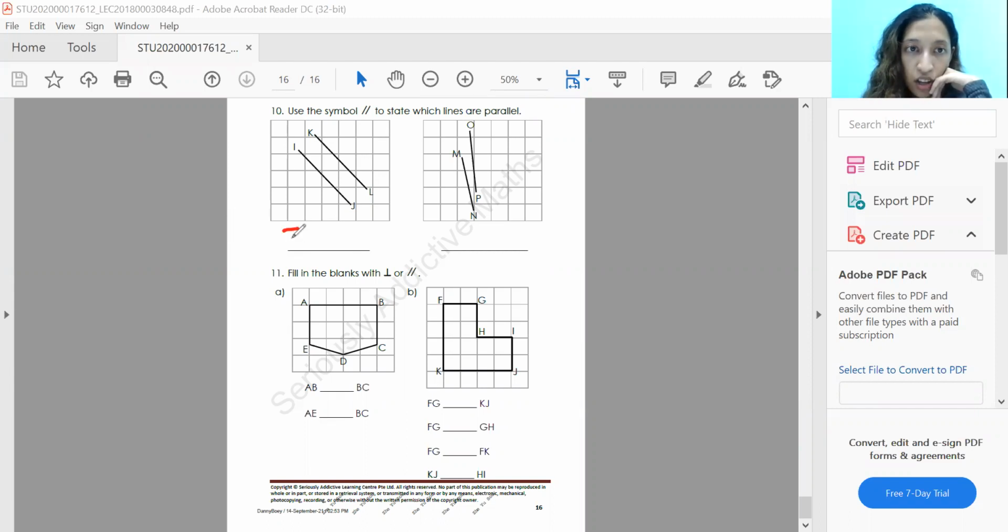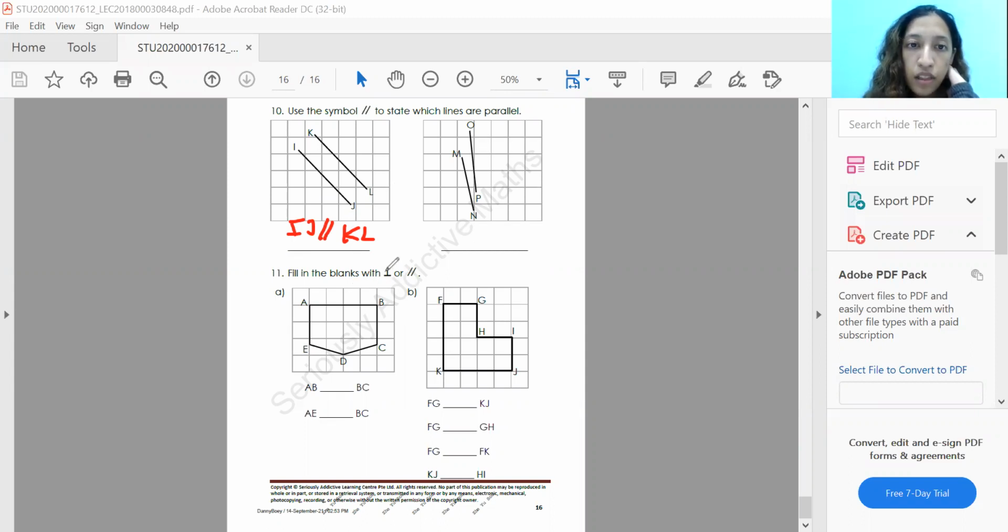So we put IJ parallel to KL. Okay, and then we look at this one over here. Yes, they are straight lines. Yes, they do not meet, but are they the same distance apart? No, they are not. So hence, they are not parallel to each other. So we just leave it blank.